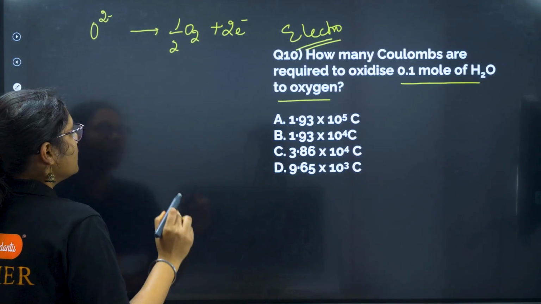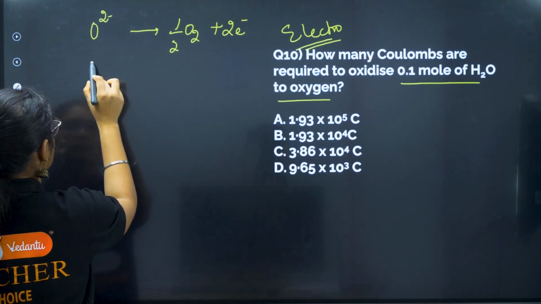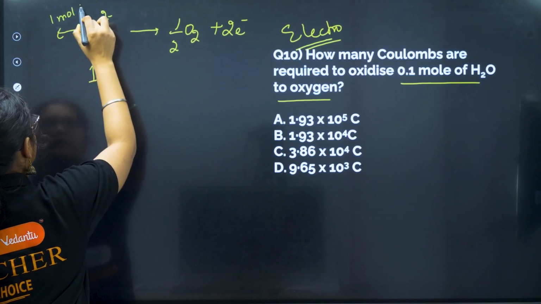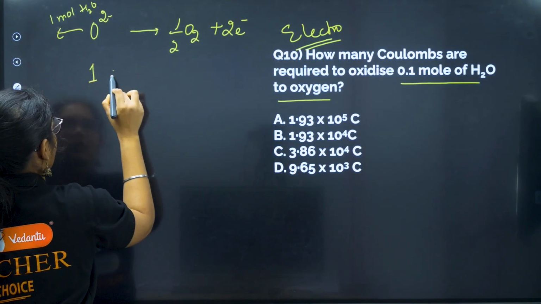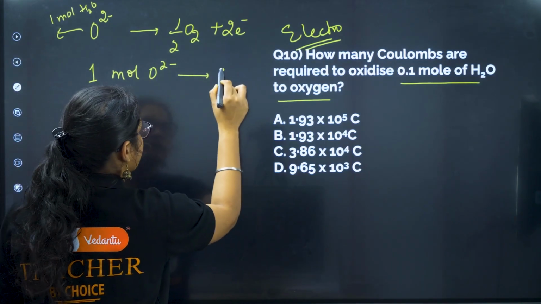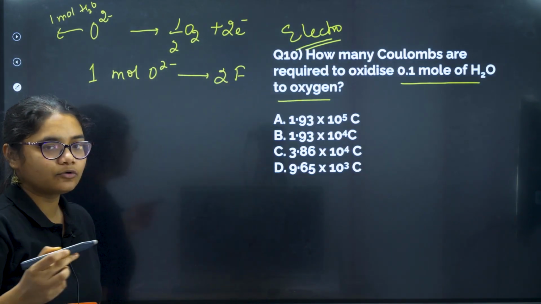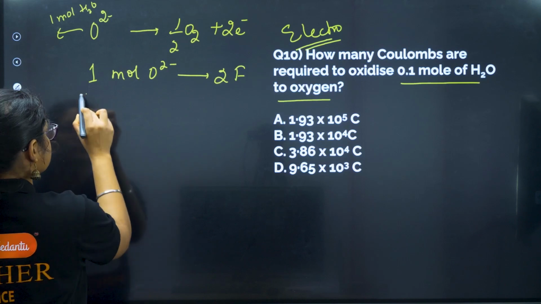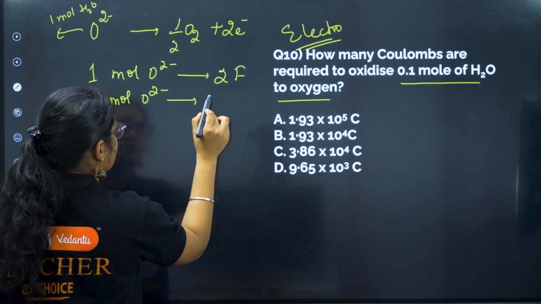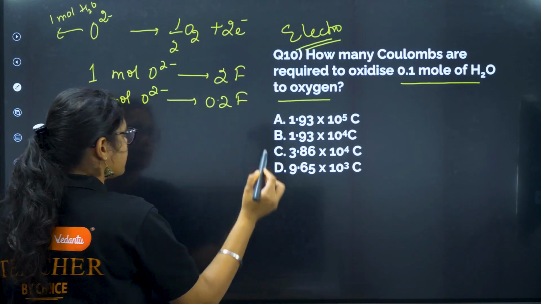So this O2 minus has come from 1 mole of water, right? So for 1 mole of O2 minus, how many electrons are required? 2 moles of electrons, or 2 Faraday is required. Now if it is 0.1 mole of water, I will get 0.2 Faraday, right?